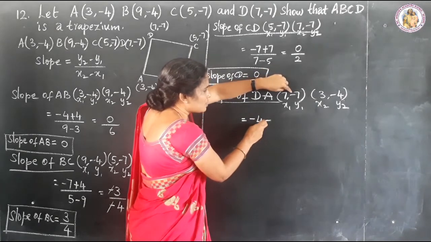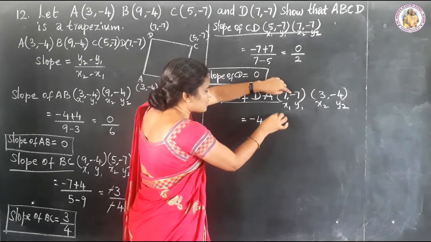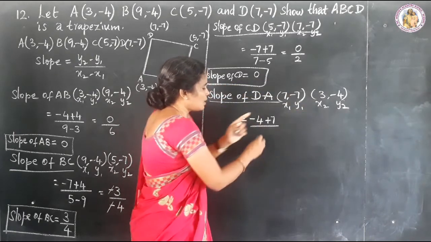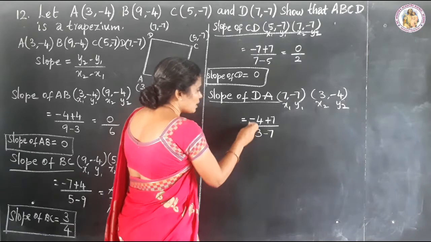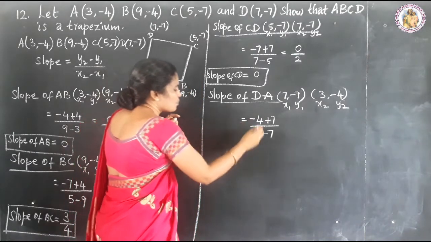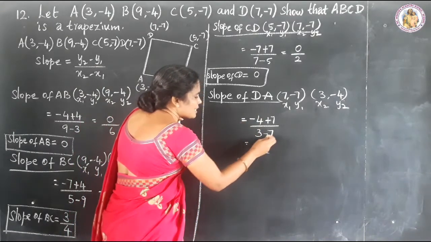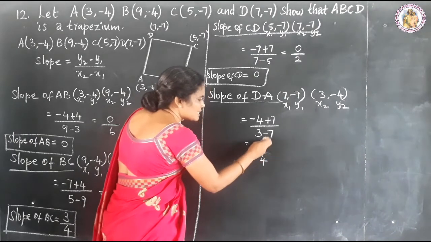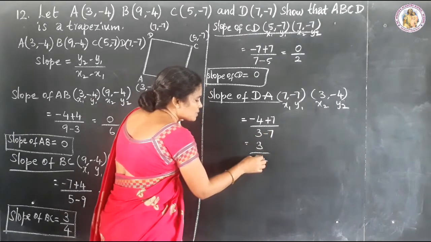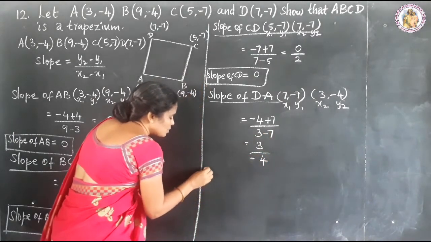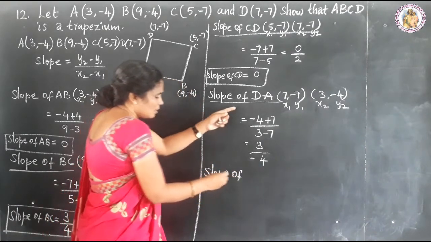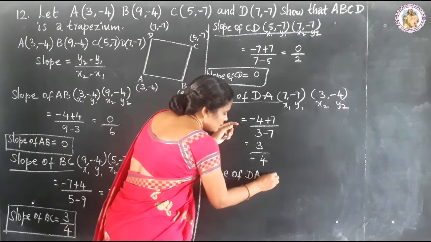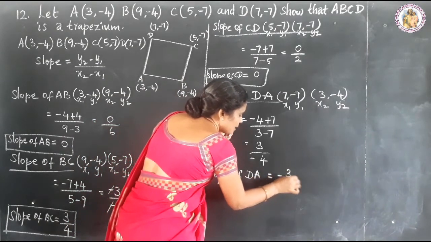By the formula, minus 7 comes here and becomes plus 7, divided by 3 minus 7. Different sign, so 7 minus 4 is 3, divided by 7 minus 3, which is 4. Here 7 is greater, so minus 4. Therefore the slope of DA is equal to minus 3 by 4.